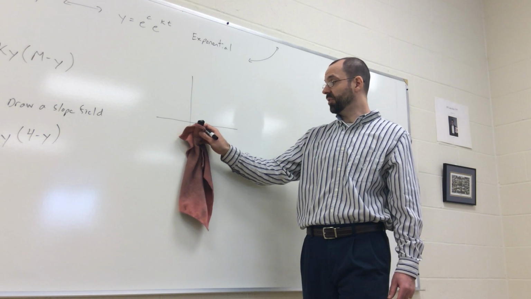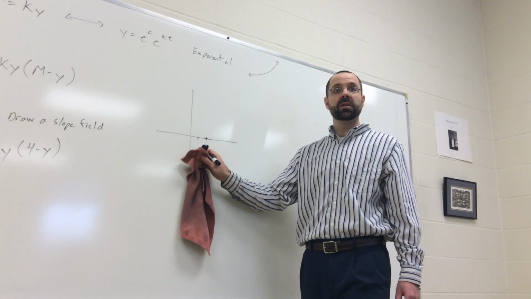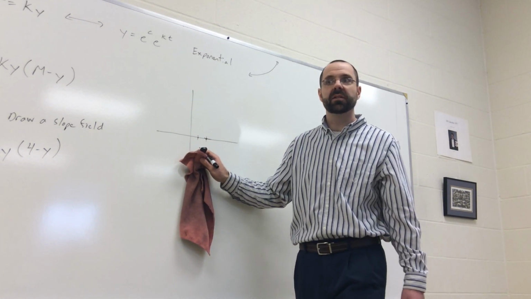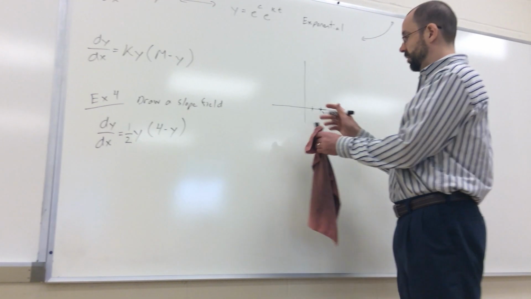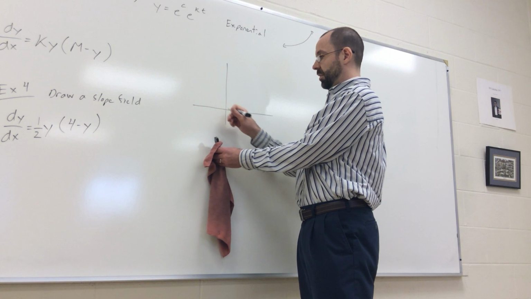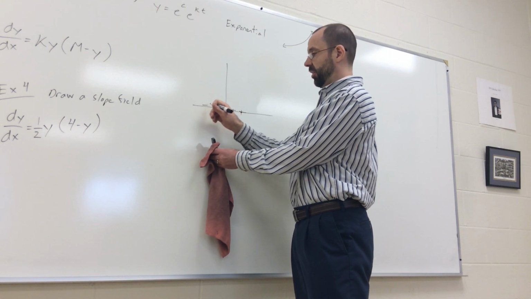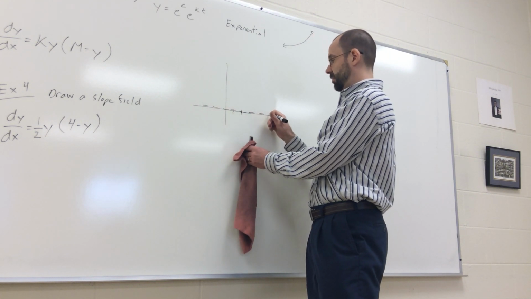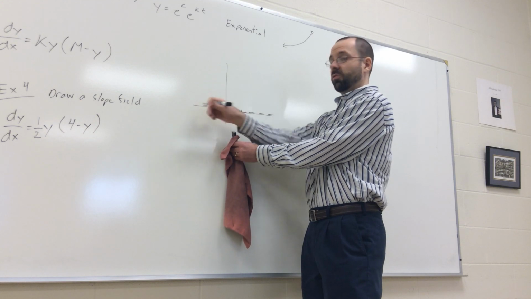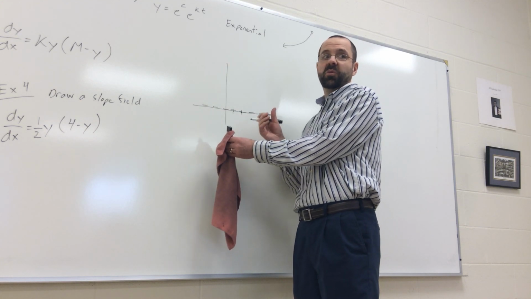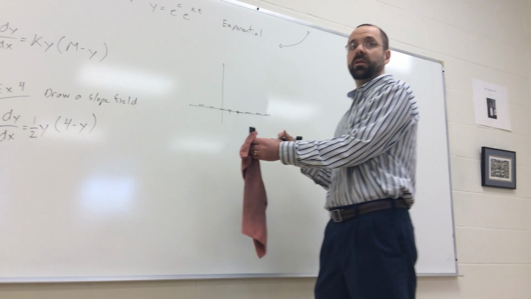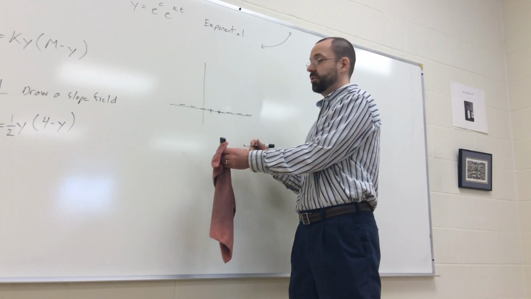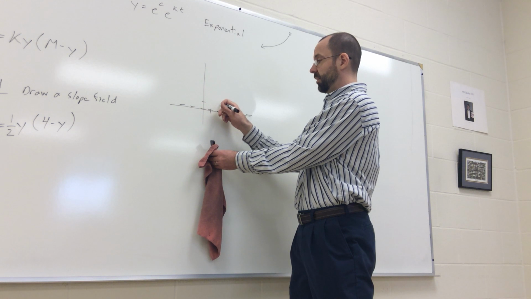Okay, now moving over to this point, the point 1, 0. The y is still 0, right? So the slope's still going to be 0. So all of these slopes are going to be zeros all across the x-axis, because that's where the y is 0. So now I'm going to move to the point 2, 1.